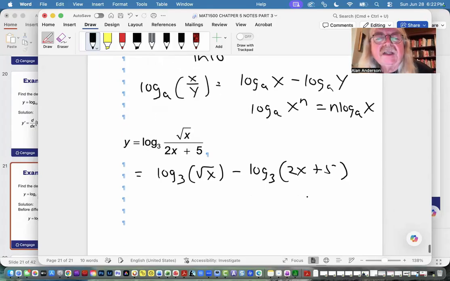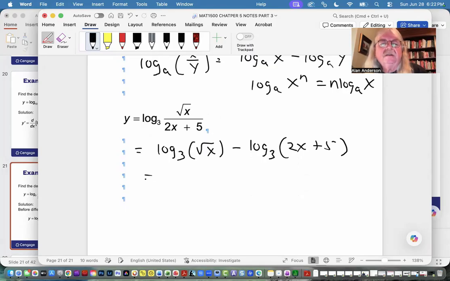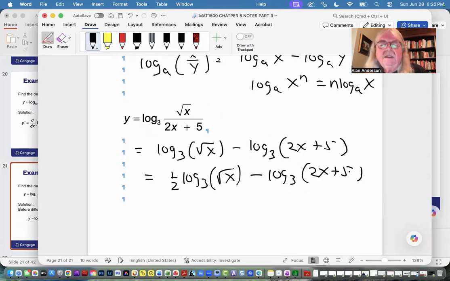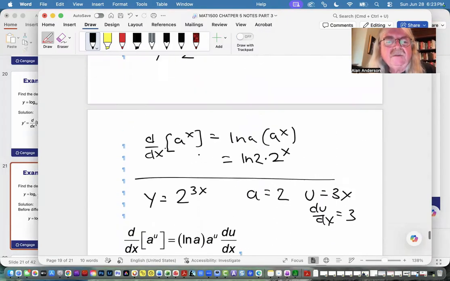And so that radical x probably should be written as, and then of course, remember the derivative of log a u. Let's go get that one back.